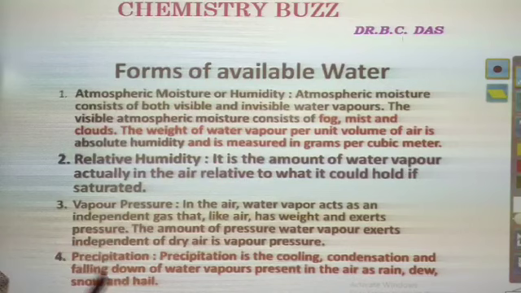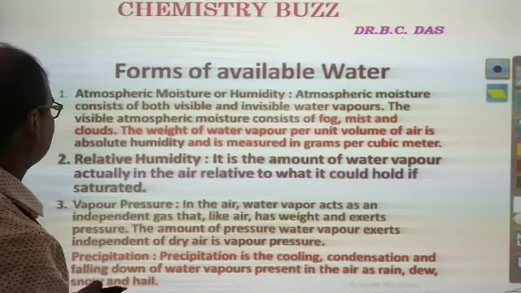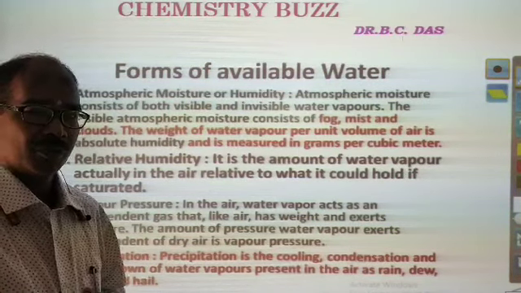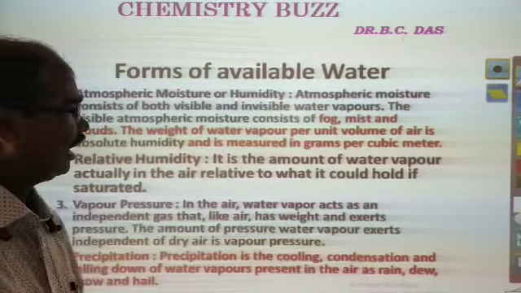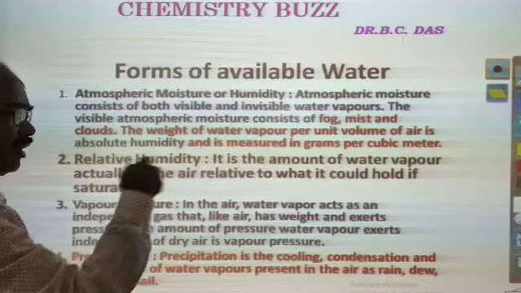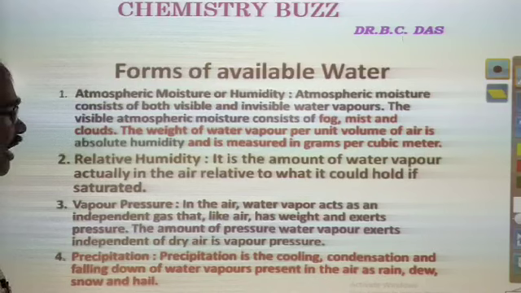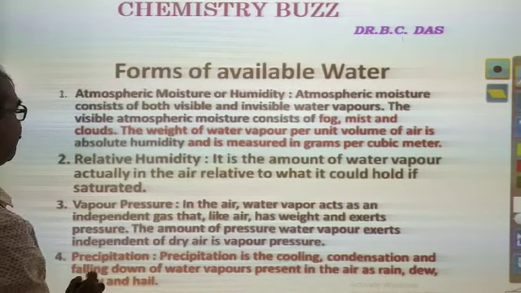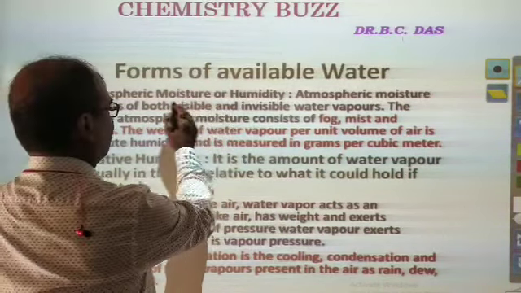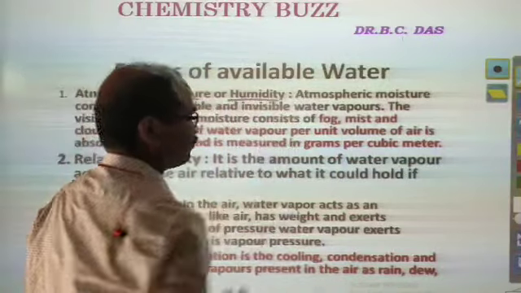Water appears in different forms: water vapor, water and ice. But how does it occur in different places throughout the environment? The atmospheric moisture is called humidity.